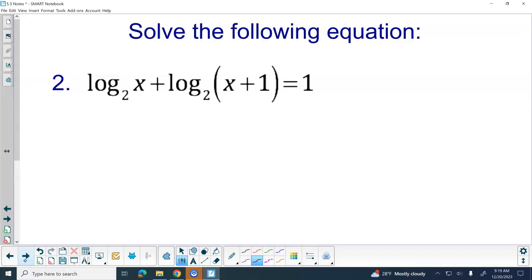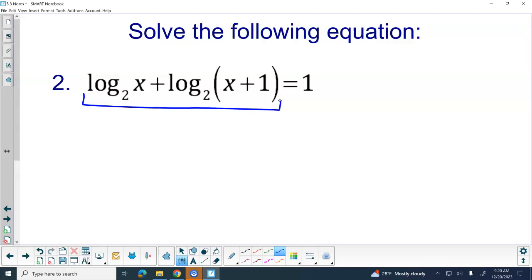If that's the case, step number 1 was what? Isolate the log, right? In order to do that, we have to combine these 2 logs on one side, or we might have to move a log first so that we have both logs on the same side.